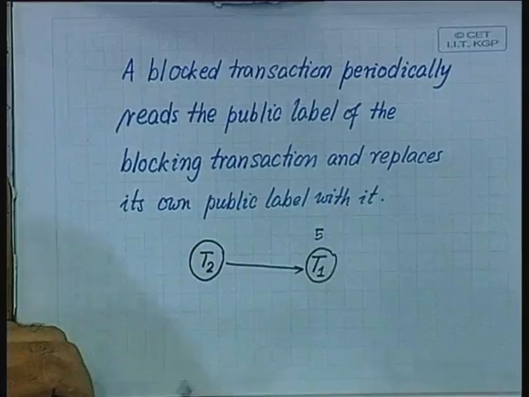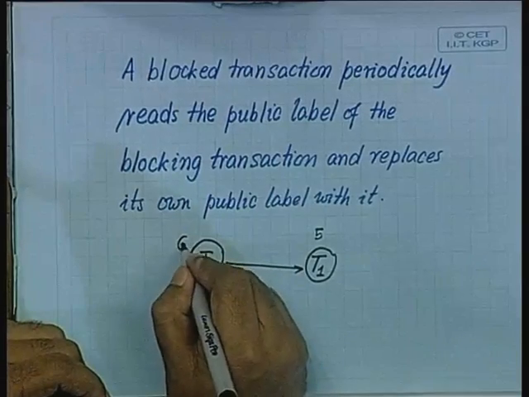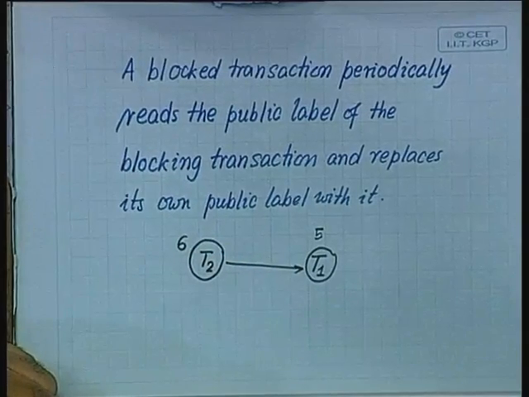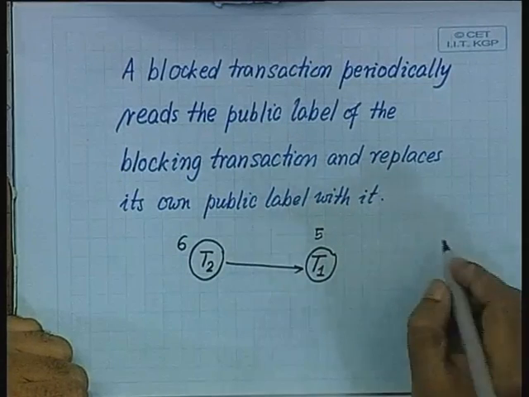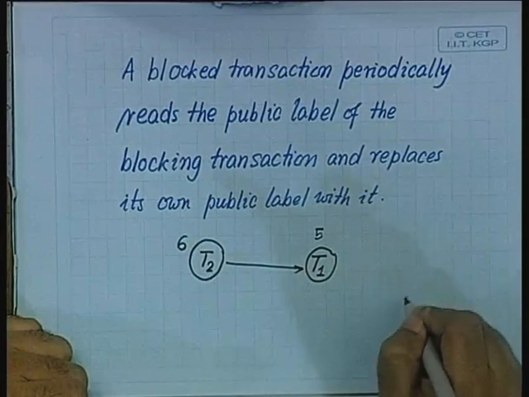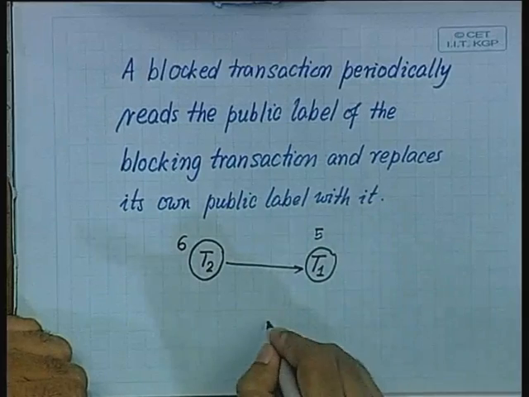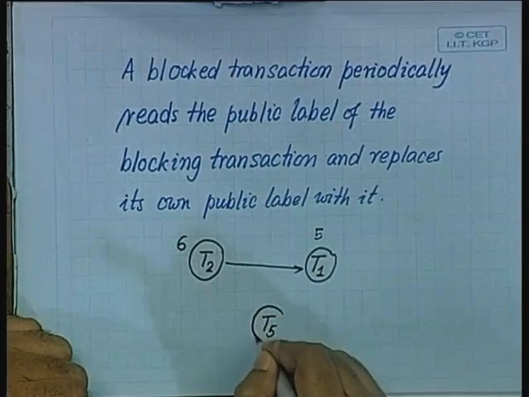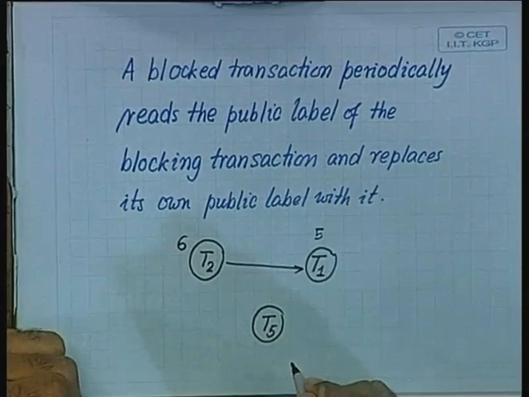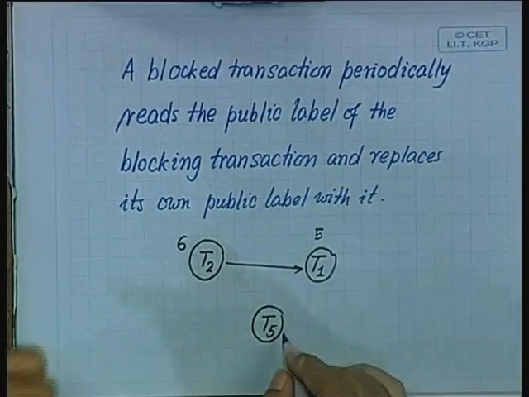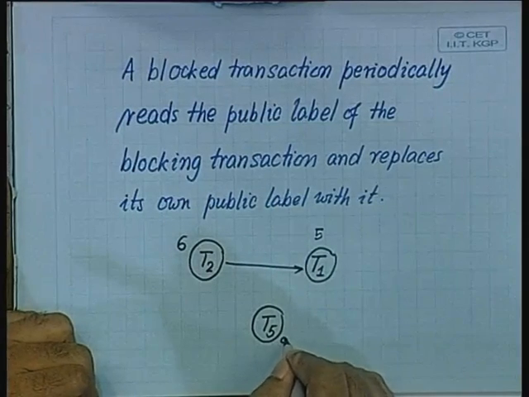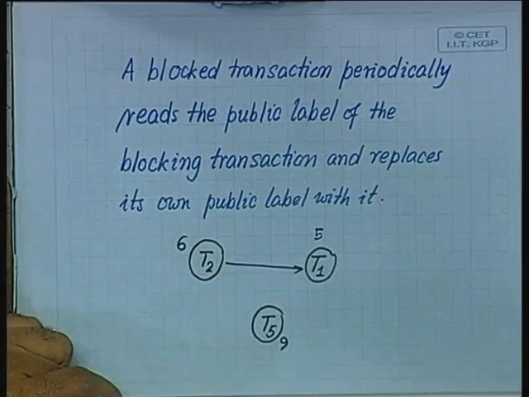At this time T2 updates itself to 6. Now, let us say that T1 wants to access some resource held by T5, and T5 has a public label of 9.